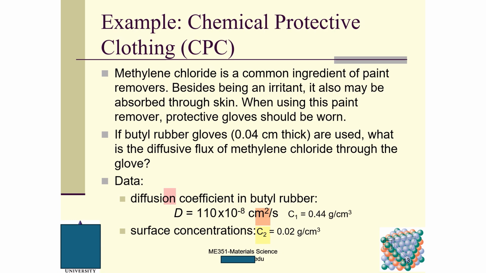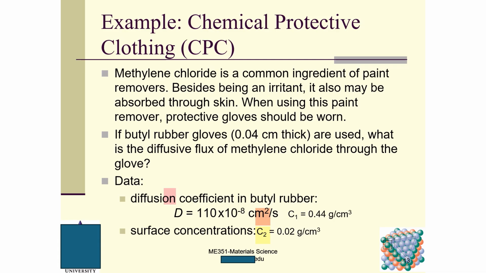When using this paint remover, protective gloves should be worn. So this is the problem statement. If butyl rubber gloves of a given thickness are used, what is the diffusive flux J of this methylene chloride through the glove? We want to calculate this diffusive flux.